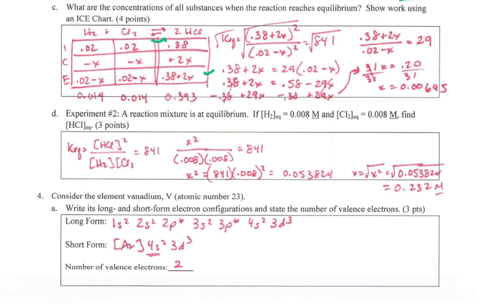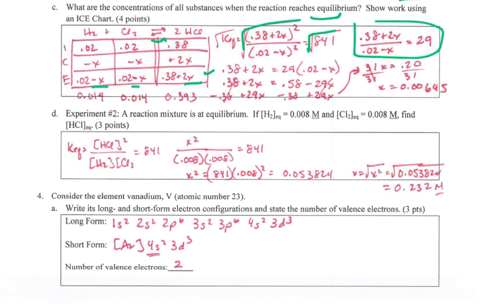Okay, and then I go over here and use my K expression. So the KEQ is equal to my product, this expression squared over this expression, and it's the same twice, so it's squared. My little solving trick is to take the square root of both sides. The square root of 841 is 29, and the square root of those things squared is just those numbers.